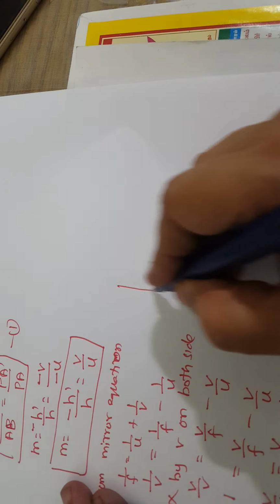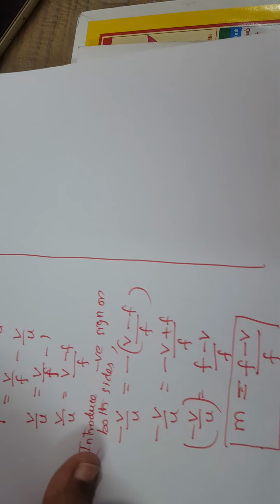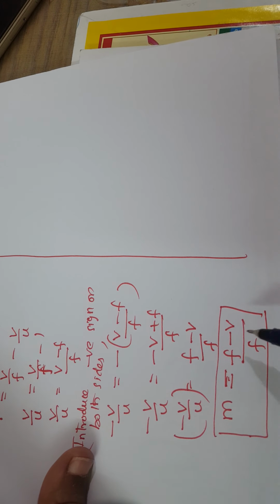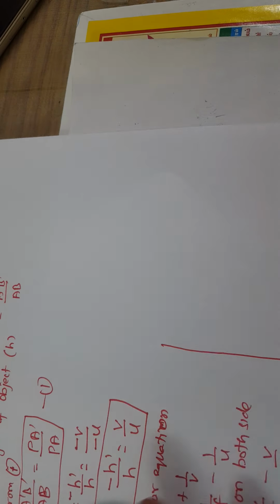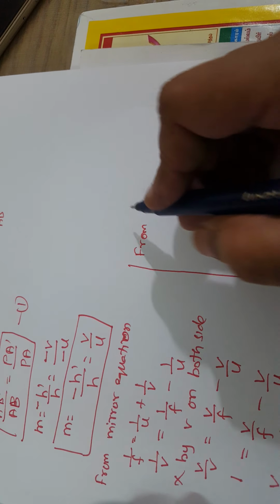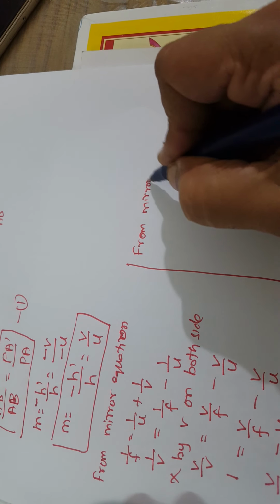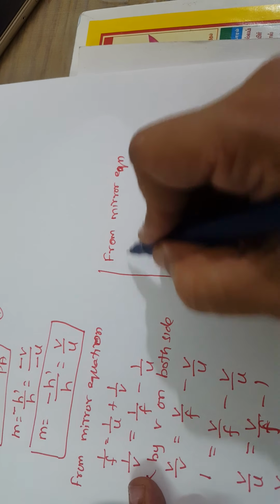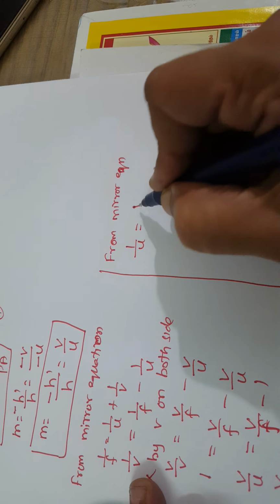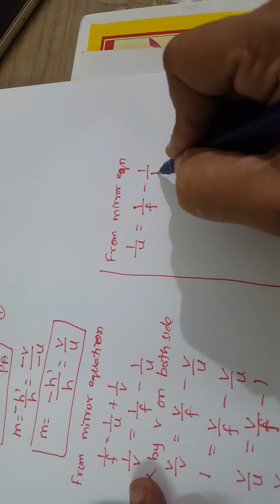Yet another formula you can also bring, children. Here you got it in terms of v, right? You can bring it in terms of u also. For that also you can use the mirror equation. From the mirror equation, you can write 1 by u is equal to 1 by f minus 1 by v.